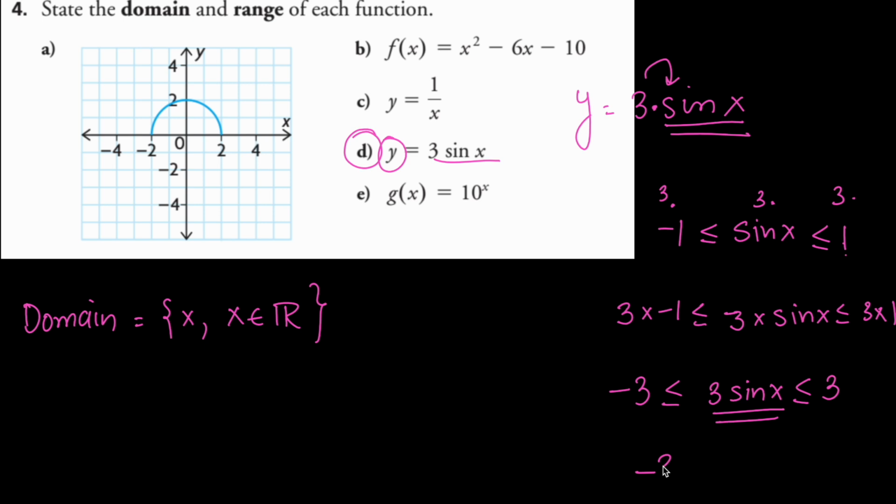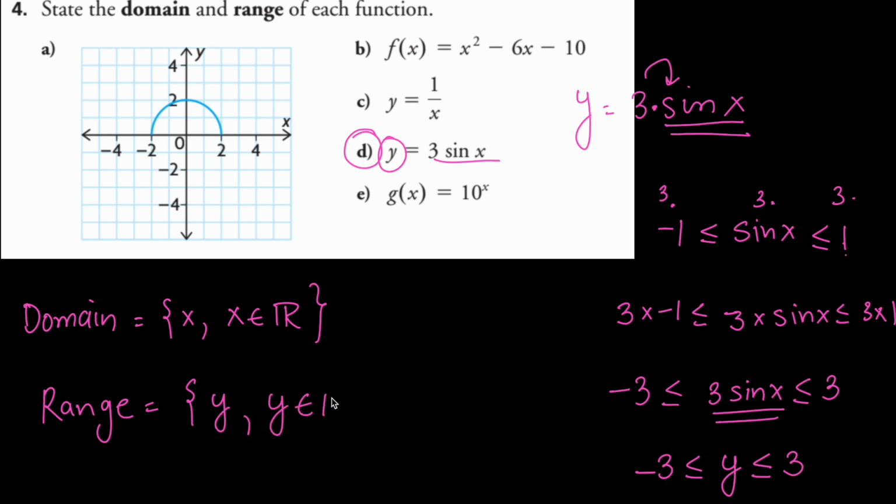That means I have -3 less than or equal to y less than or equal to 3. That means the y values fall under range. So range is y, where y is all the real numbers such that -3 is less than or equal to y less than or equal to 3. This is going to be my domain and range for part D.